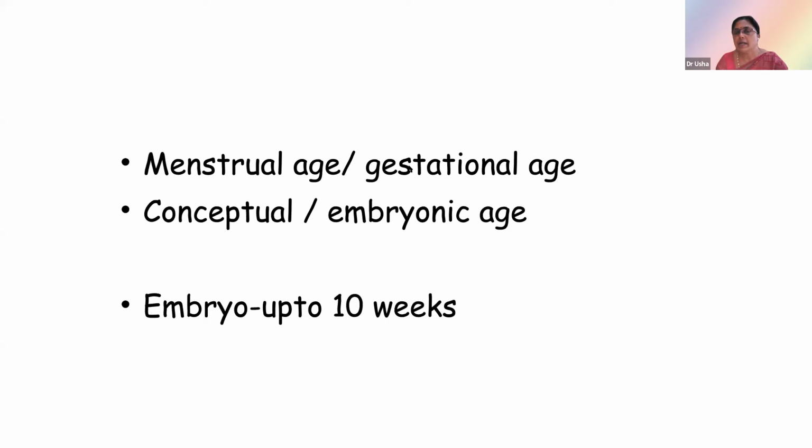In ultrasound and clinically, we use the menstrual age. If we are referring to an embryology book, we need to understand that we will be 2 weeks ahead of it. Up to 10 weeks this is called an embryo, and after 10 weeks, we call it a fetus. So what we are going to see today is all about the embryo.